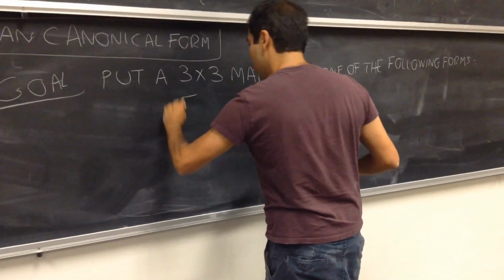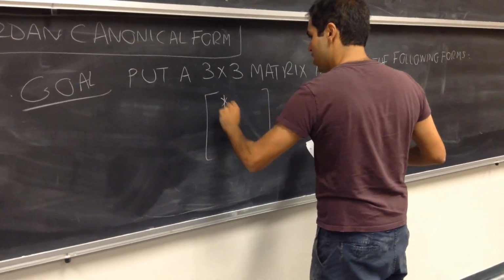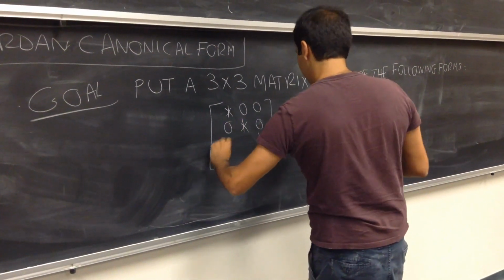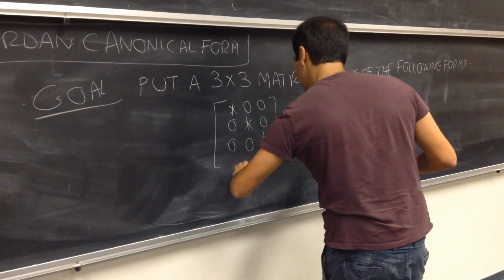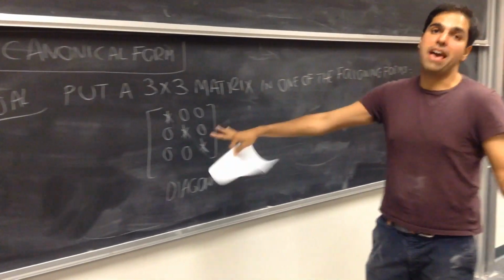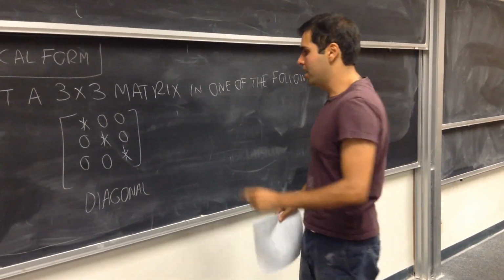Either a diagonal matrix, something that looks like star, star, star, and everything else is 0. That's diagonal, which is really the best possible case, and I will talk about that.